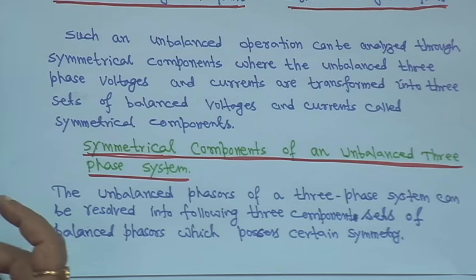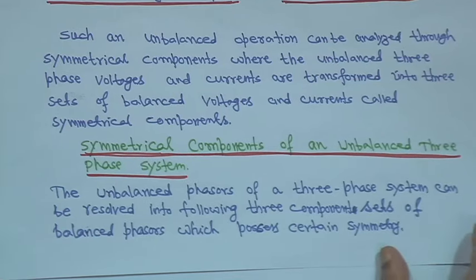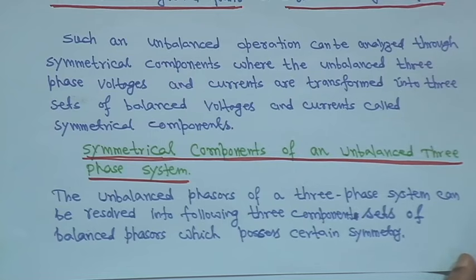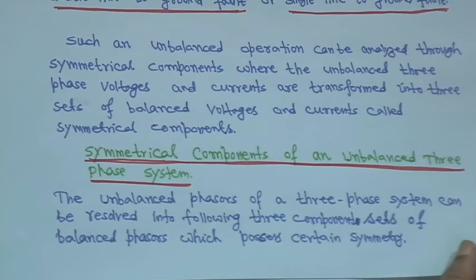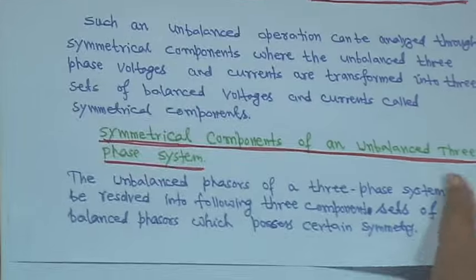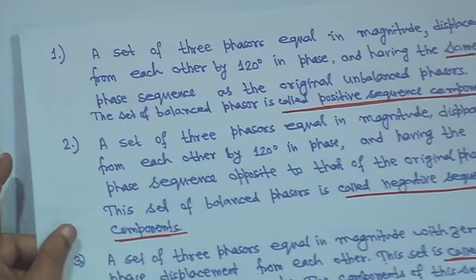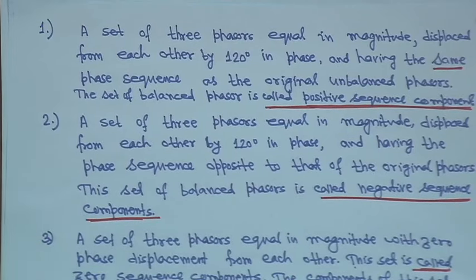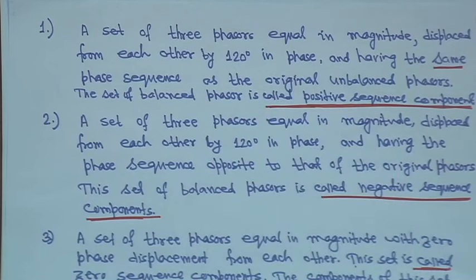First, a set of 3 phasors equal in magnitude, displaced from each other by 120 degrees in phase, and having the same phase sequence as the original unbalanced phasors. This set of balanced phasors is called the positive sequence component.